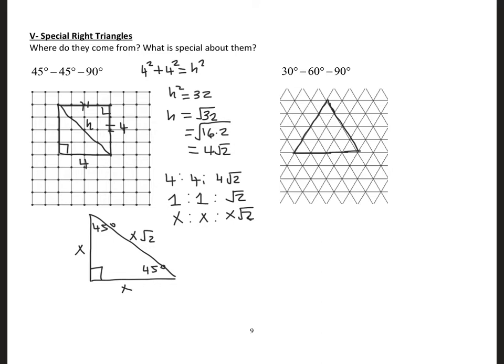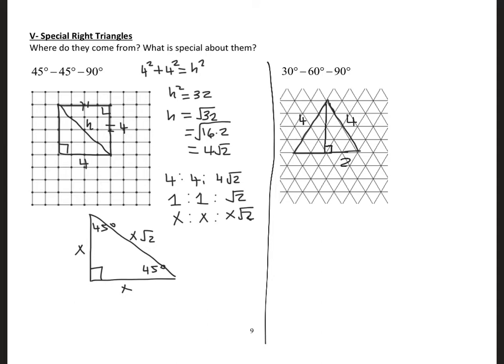So now let's go to the other triangle. Here I have made an isosceles triangle, with sides of 4 units, 4 units. Then I'm going to cut it in half, so that means that's 2.